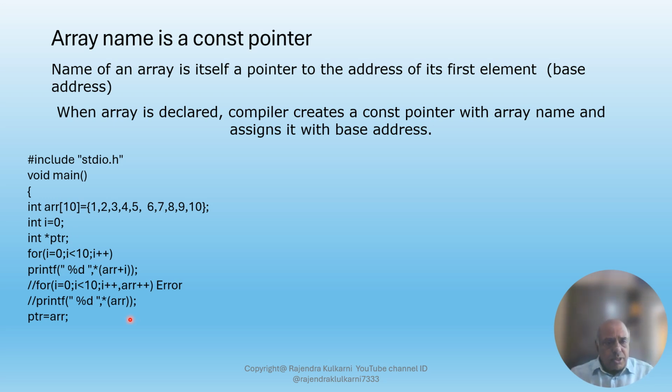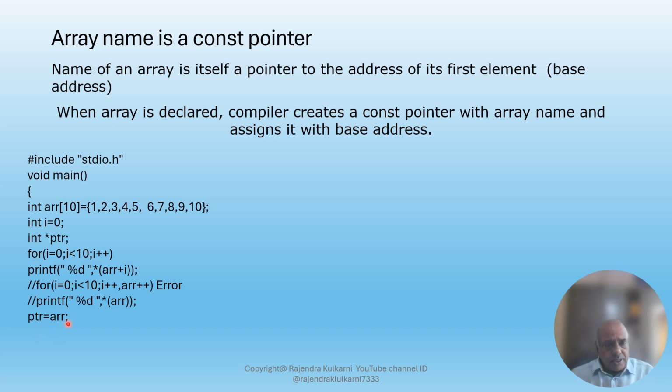Now here what we are doing, ptr, the pointer which we have declared as int, is being assigned with arr. Look again, we are not assigning arr with an ampersand. We are not attaching the name of the array with ampersand, which we normally do when we want to take the address of a variable.